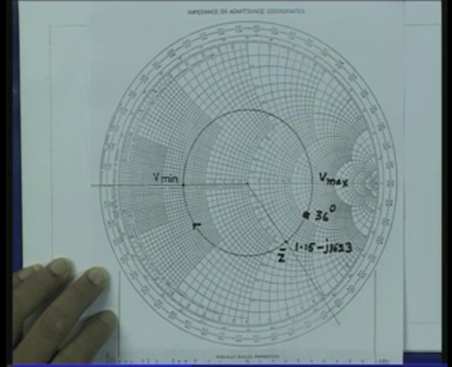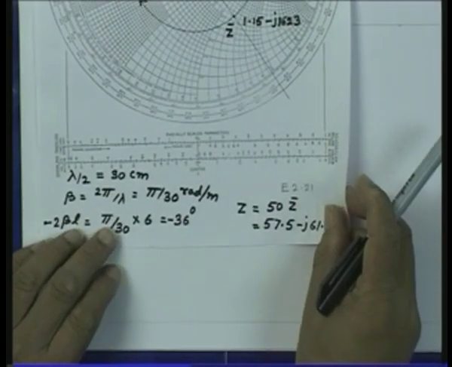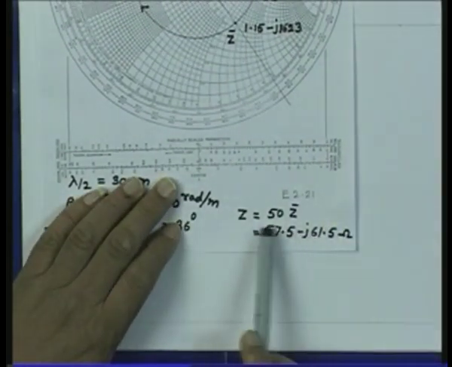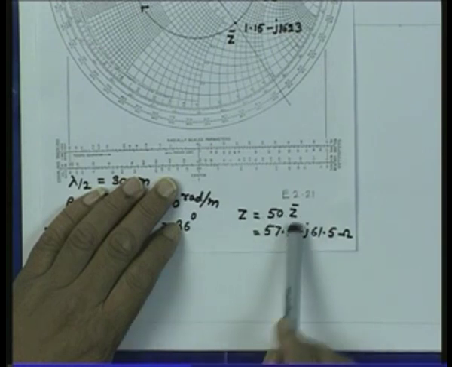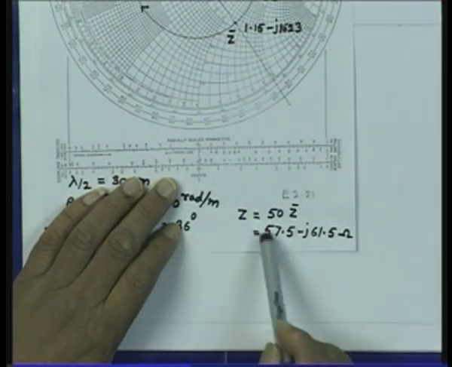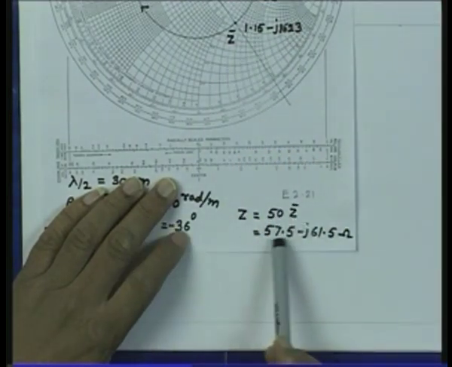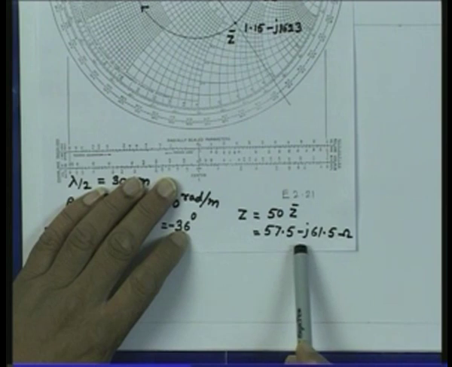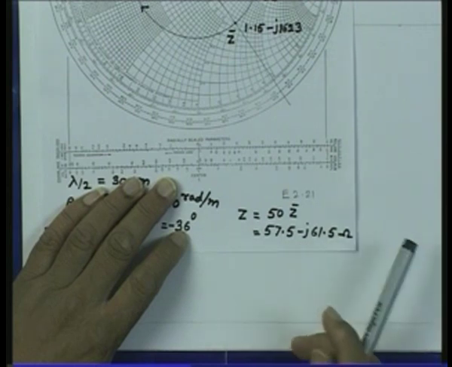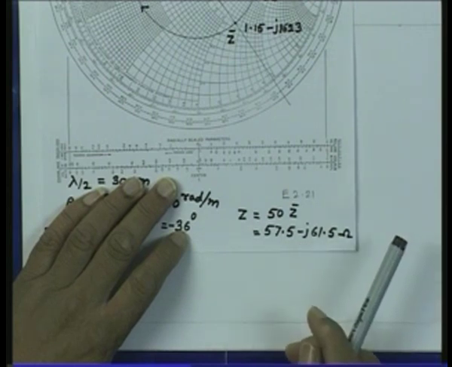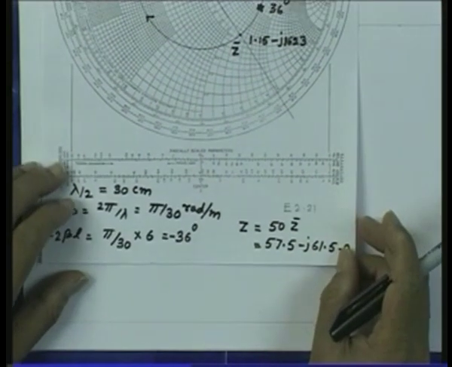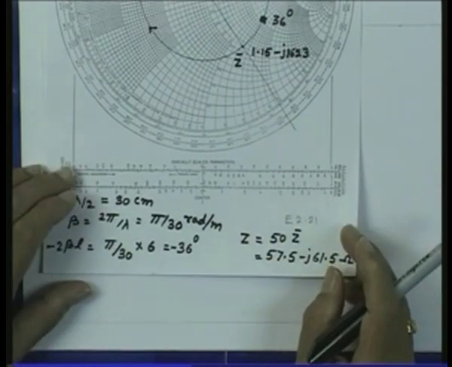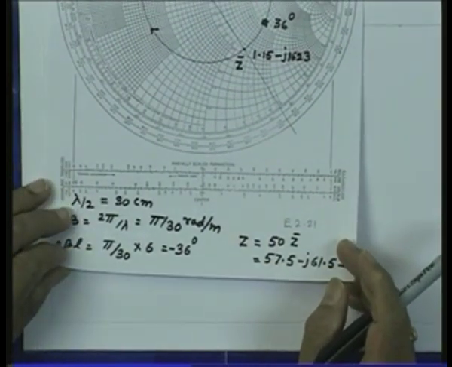So, for the absolute impedance, I multiply this by the characteristic impedance of the line, which is 50 ohms, and I get 57.5 minus j 61.5 ohms. So, the unknown impedance can be measured very easily without doing much complex calculation by using the Smith chart.